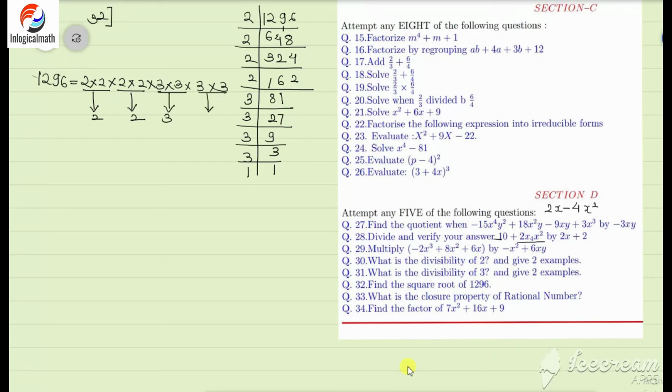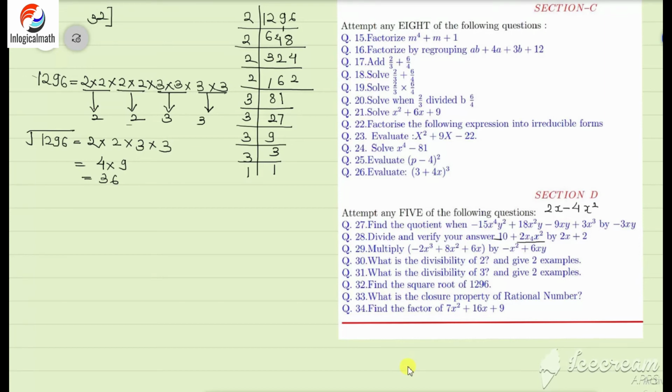This pair also, take it one time. Now do the multiplication of this: 2 multiply 2 multiply 2, 3 multiply 3. So the square root of 1296 is 4 nines are 36. So the square root of 1296 is 36.